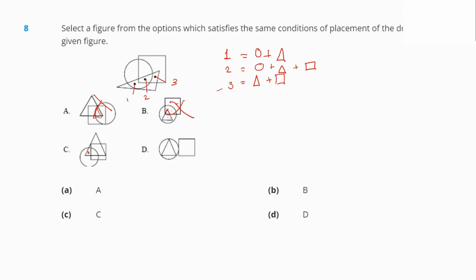So dot 1 we get here. We need circle, triangle, square. So this is triangle, this is circle. So second dot here. Now we want the third dot. This is triangle and this is the third dot. So our option C is the correct answer. In this also there is no circle, neither the second nor the first option will get fulfilled. So this is also not our answer. So our answer is option number C.